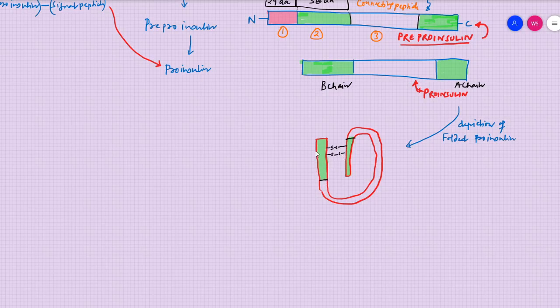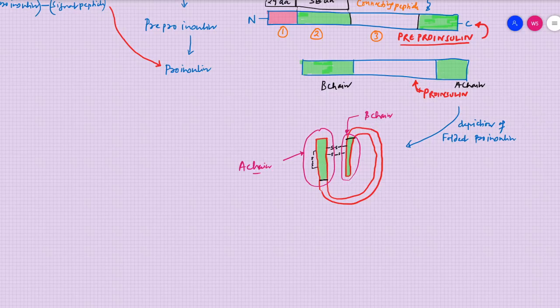And there is a disulfide bond between the amino acids in the A chain. So this part is the A chain. This is the A chain, and that is the B chain. Okay, so that is the A chain and that's the B chain.